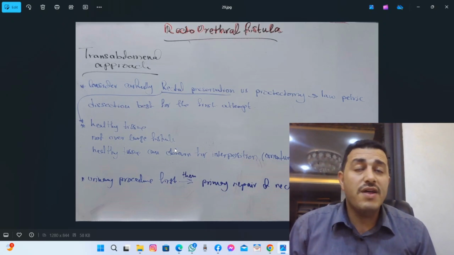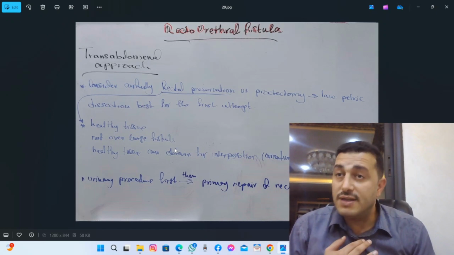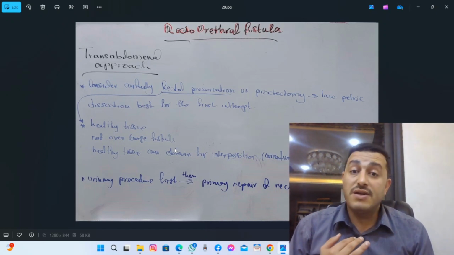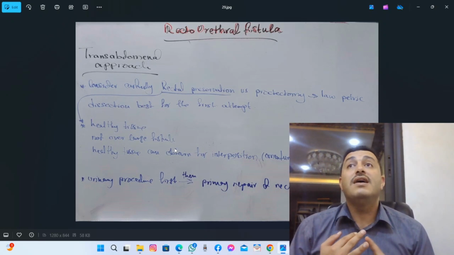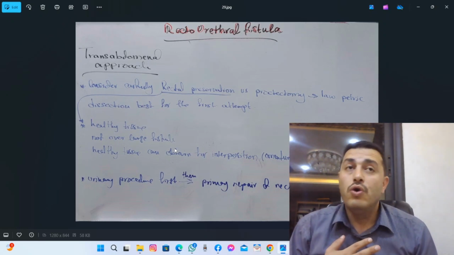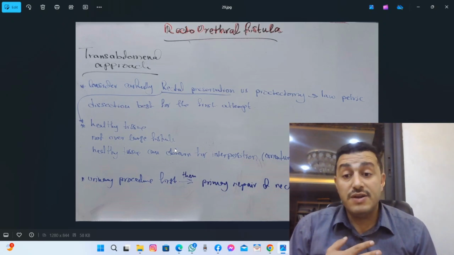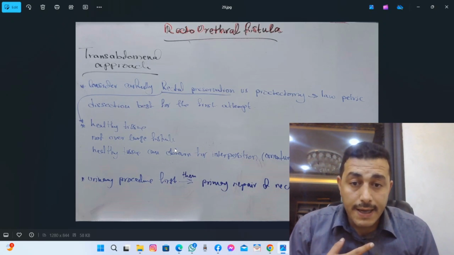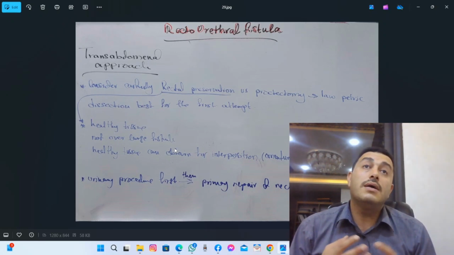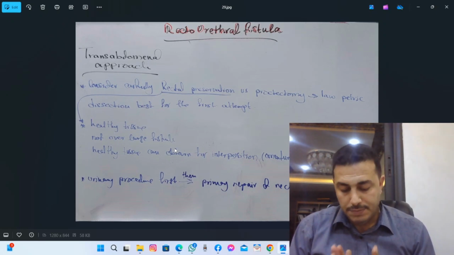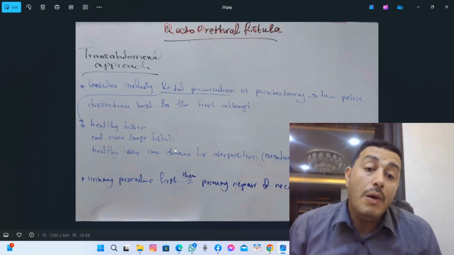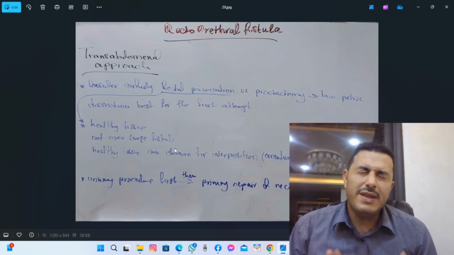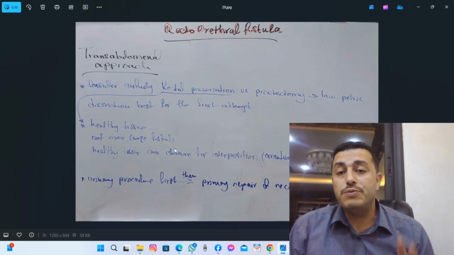Okay. If the answer is yes, I have healthy tissue of the rectum and the surrounding mesorectal fat, if I have no huge defect in the rectum, if I have good tissue to put between the rectum and the urinary bladder, then we can proceed to two options.